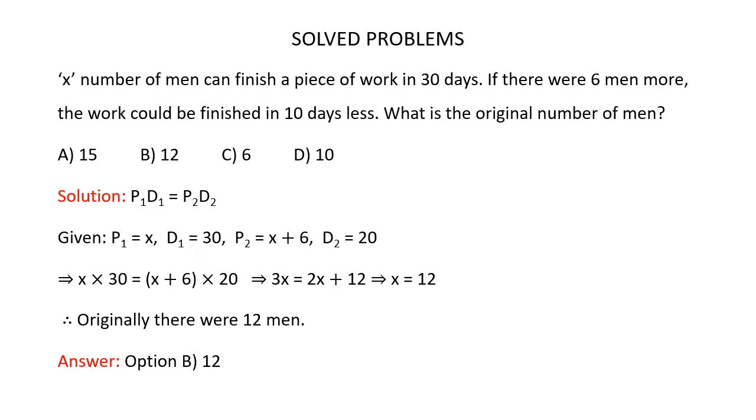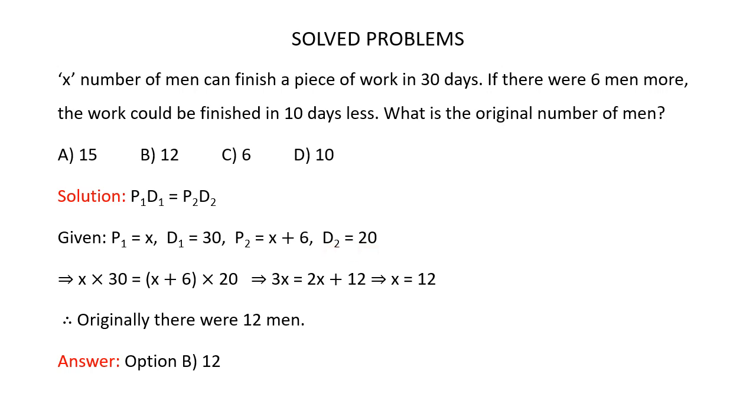Now it's given that if there were 6 men more, that is P2, the number of men would be X plus 6. The work could be completed in 10 days less. So D2, the number of days would be 30 minus 10, that is 20.